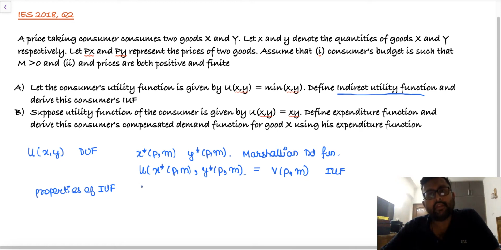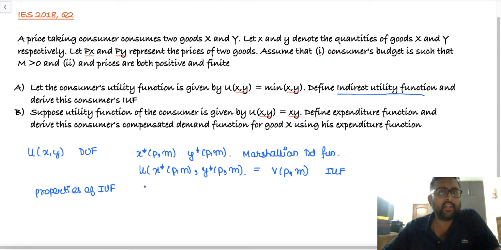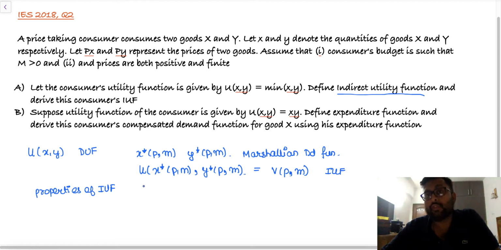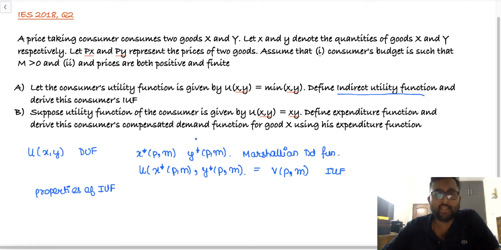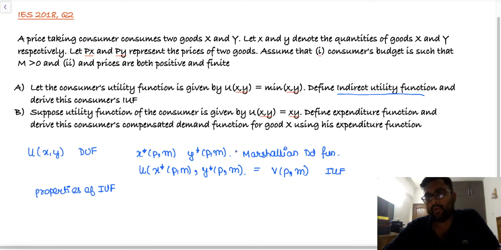You should know one or two properties of the indirect utility function. Can you solve some other questions also, apart from just min of x y? So you should be knowing all of those things. Whichever paper you are preparing, do it question paper wise, and also try to know a little more than what is required in the question, and make your notes around that. It'll become very useful, and you'll be curious to know many things also.